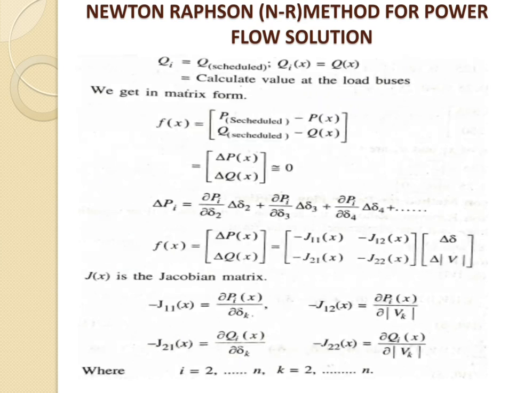We will represent one of the matrices which is considered as a Jacobian matrix. So minus J11x is equal to del Pi x divided by del delta k. In the same way, minus J12 of x is equal to del Pi of x by del Vk, minus J21x is equal to del Qi of x by del delta k, and the last one, minus J22x, is equal to del Qi of x divided by del Vk.